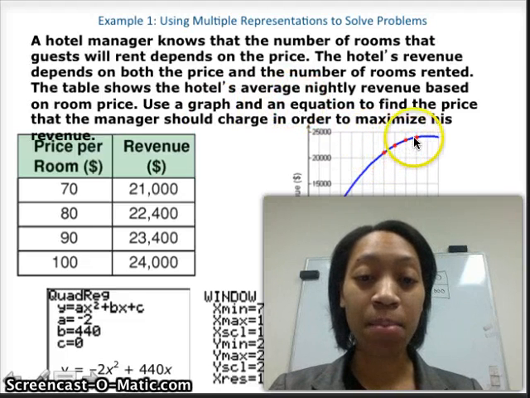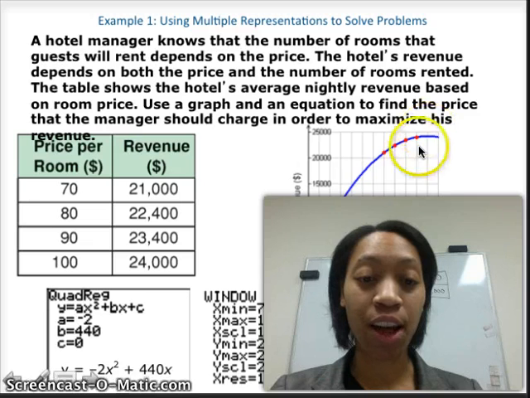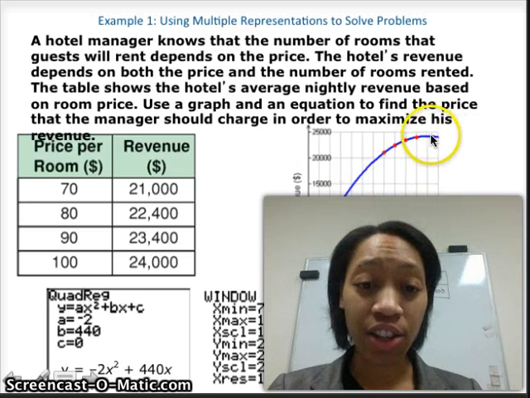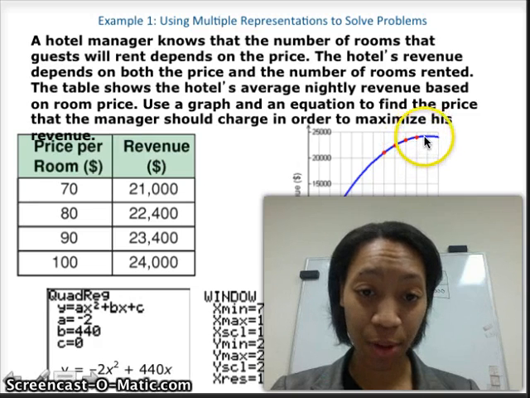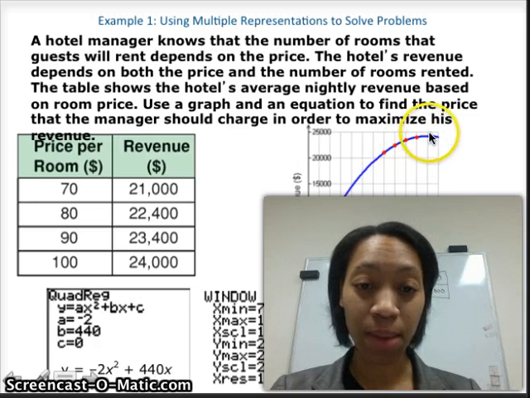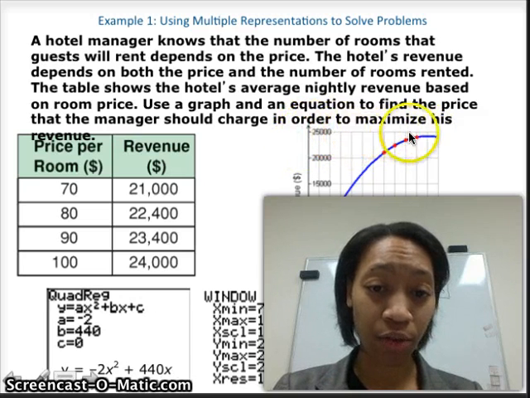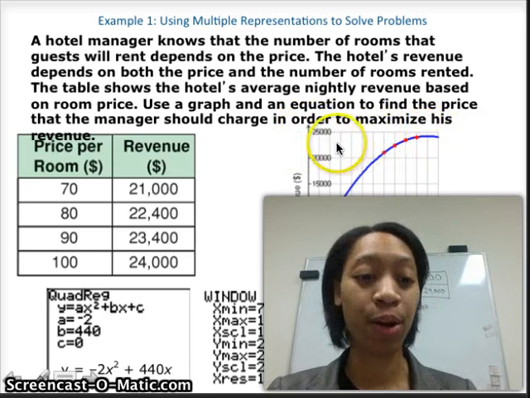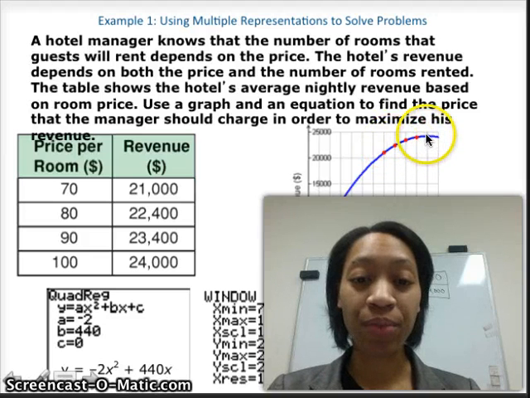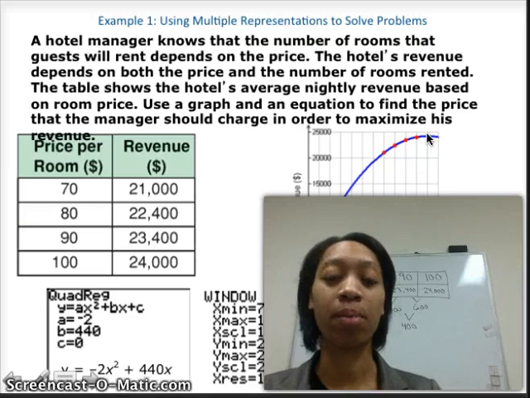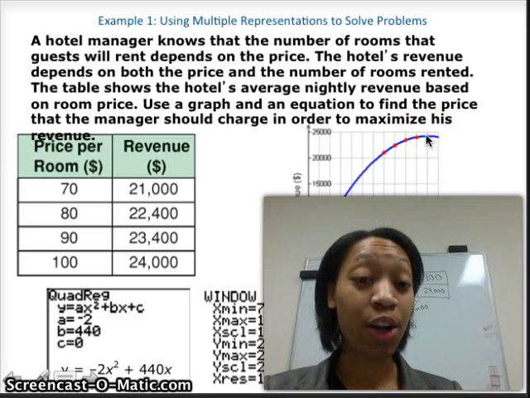After I graph it and sketch it in, it looks like the maximum is actually past where the red dots are. So it looks like the maximum is over here, and I would have to estimate from this graph where the maximum is. So instead of doing that, I'd like to make an equation so I can find the exact point of where the maximum is. Okay, but I could estimate it though.